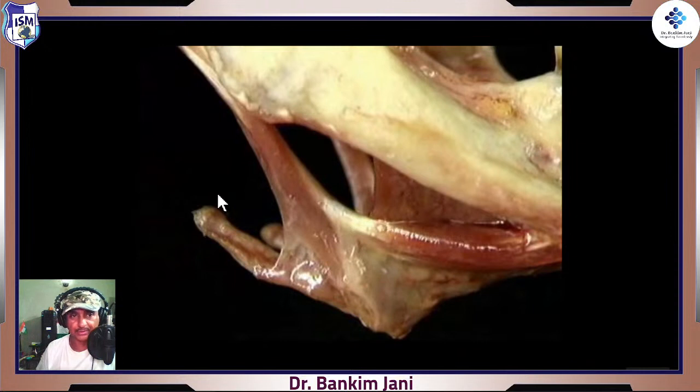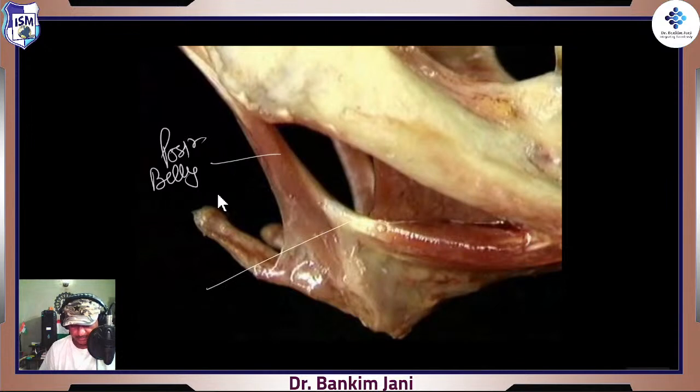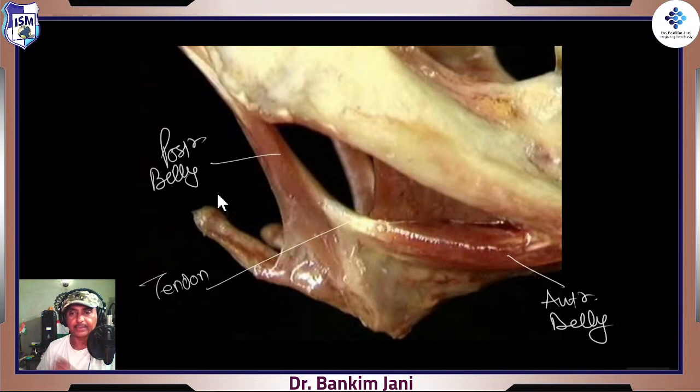Now you can see the digastric so properly. This is the posterior belly, right? That shining part is the tendon, and this is the anterior belly.